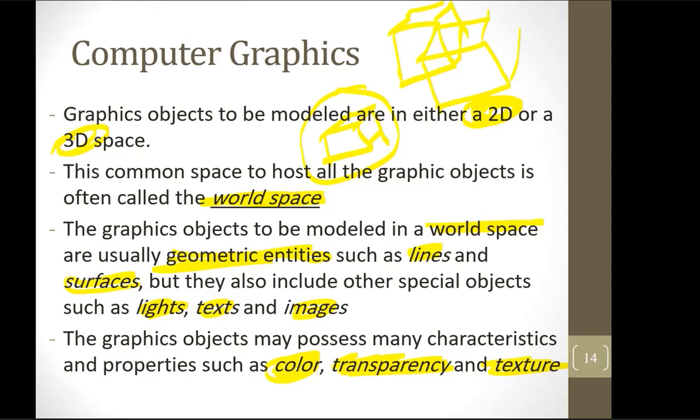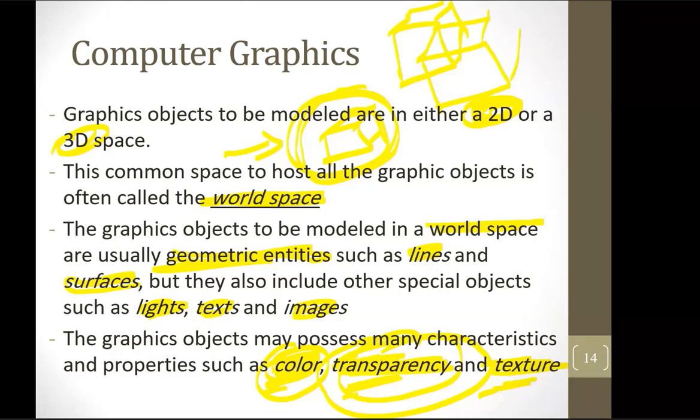For example, we just model this box, we want to create this box, and then how to render this box depends on the properties here. We can change the color, the transparency, the texture. Generally, we talk about transparency if you have two or three objects, one behind the other. In that case, we have to use transparency in order to be able to see all the objects. When you change the transparency, this will also change the colors.